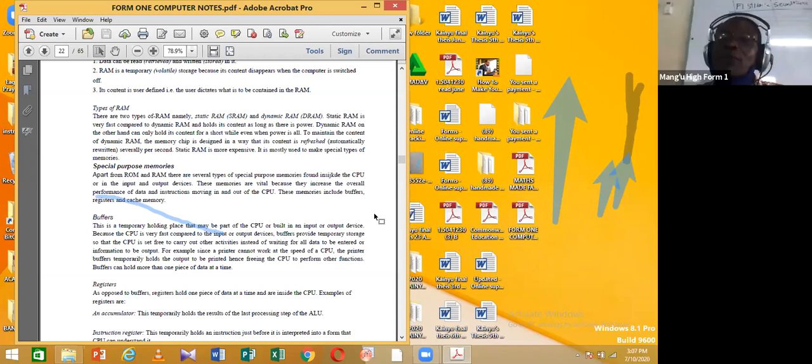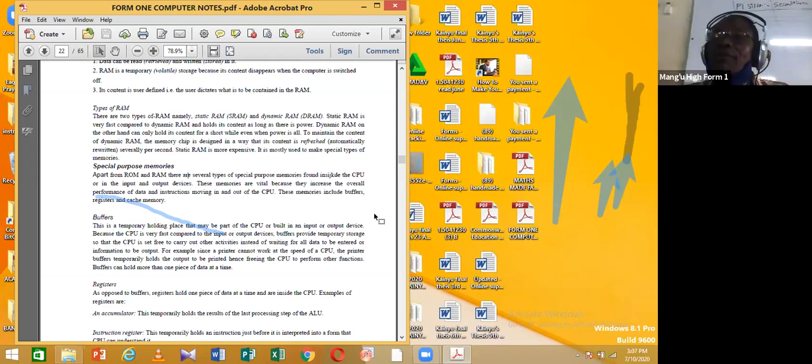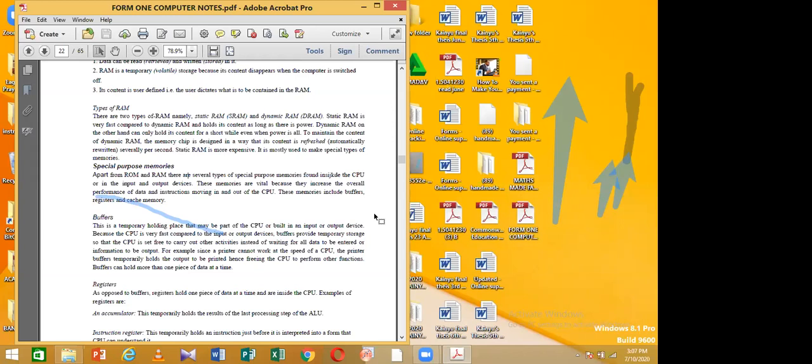Now, for the CPU to work, it works with data and instruction. To get this data, it can only be gotten from those two areas: main memory, which is next to or within the CPU, or secondary storage, which is a bit far.